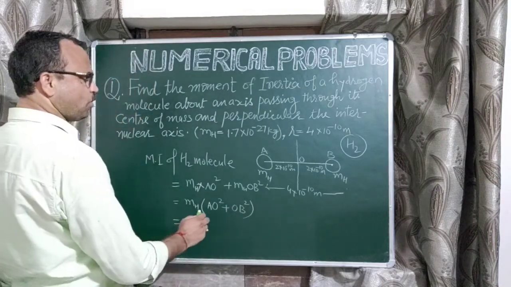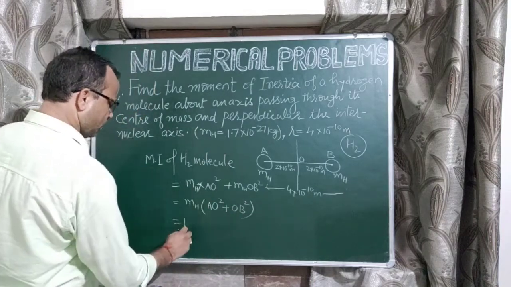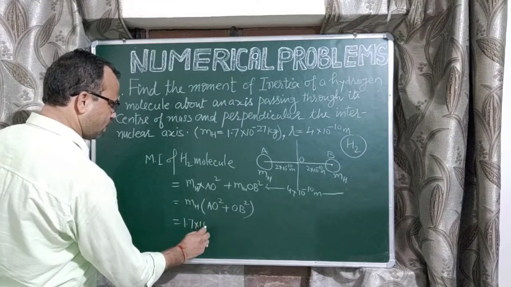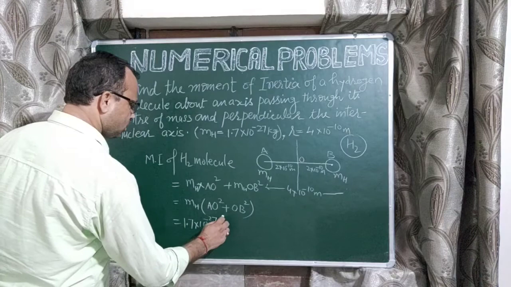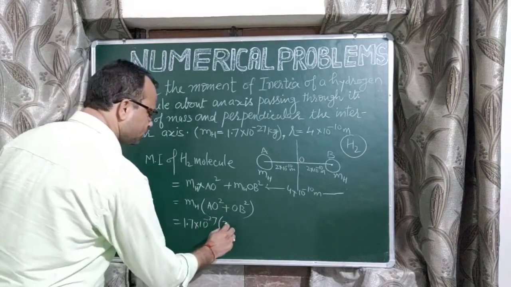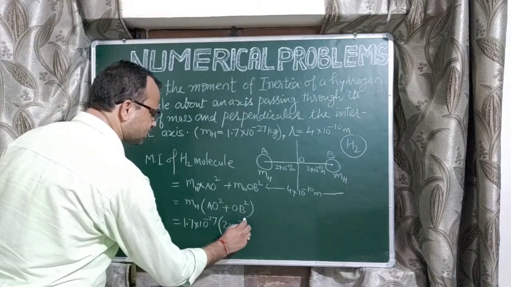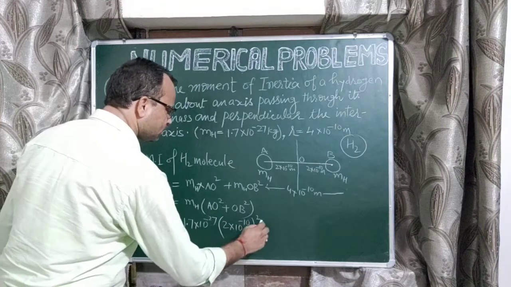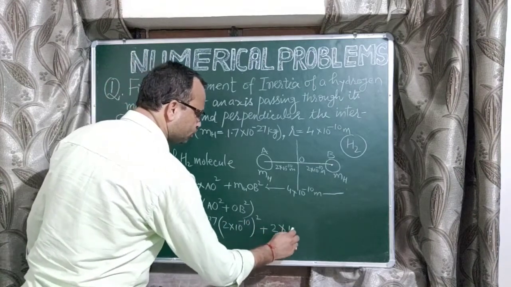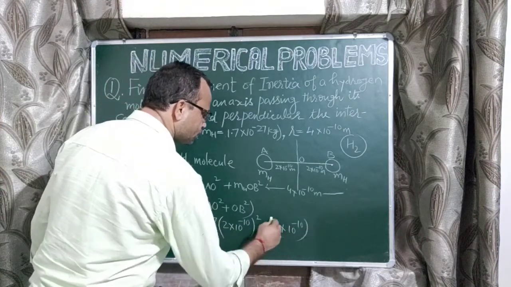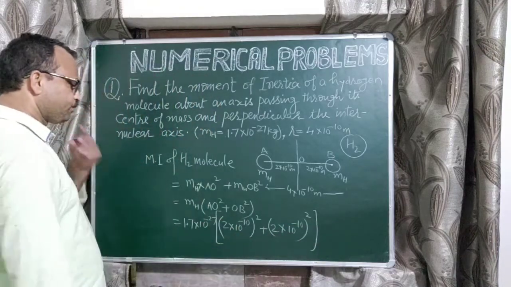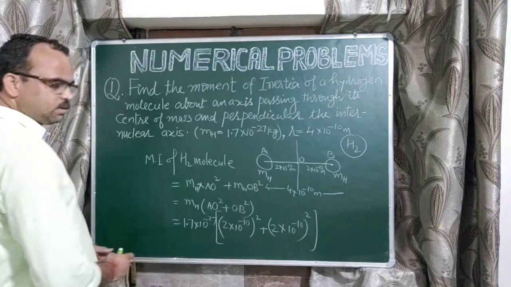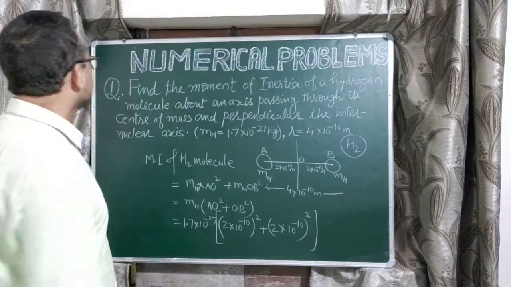Now put the value of mh, which is given as 1.7 into 10 to the power minus 27, into AO, which is (2 into 10 to the power minus 10) square plus again (2 into 10 to the power minus 10) square. This is the bracket. Now on solving this we get the required answer.